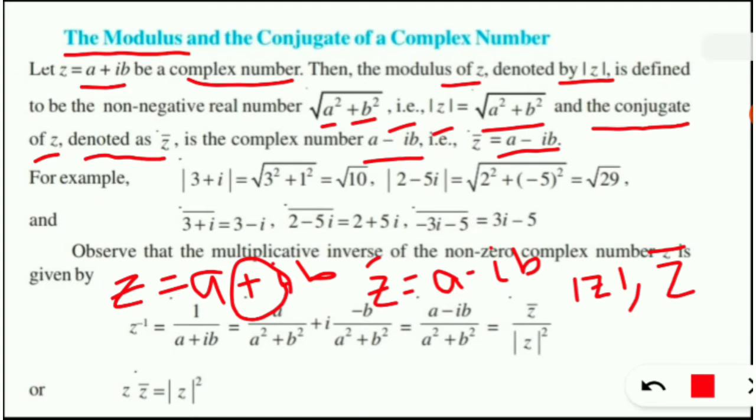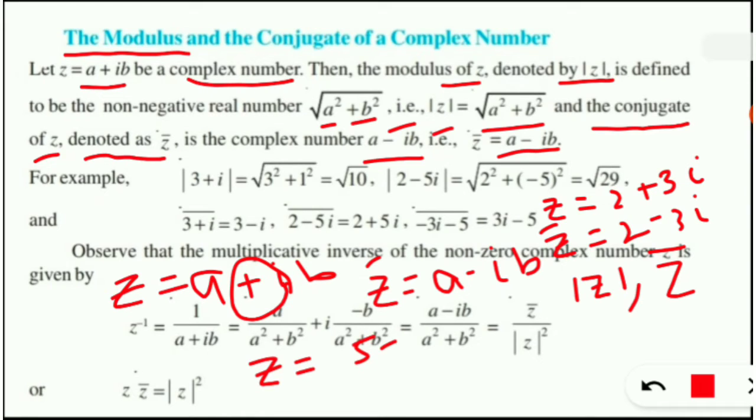Clear? Suppose z equals 2 plus 3i, then z bar equals 2 minus 3i. Again, suppose we take z equal to 5 minus 6i, then the conjugate of z, z bar, equals 5 minus of minus i, that means plus 6i.